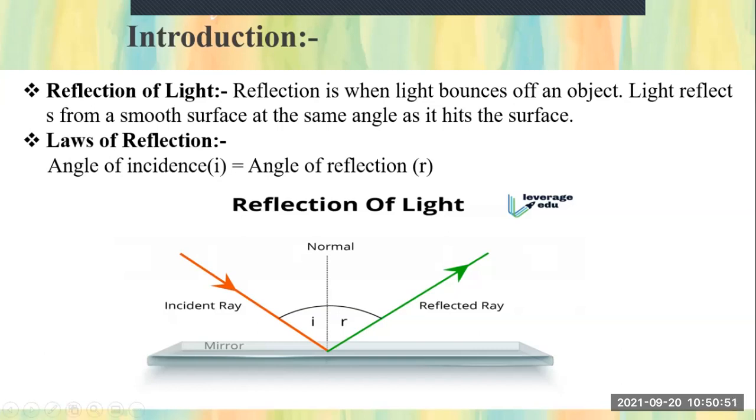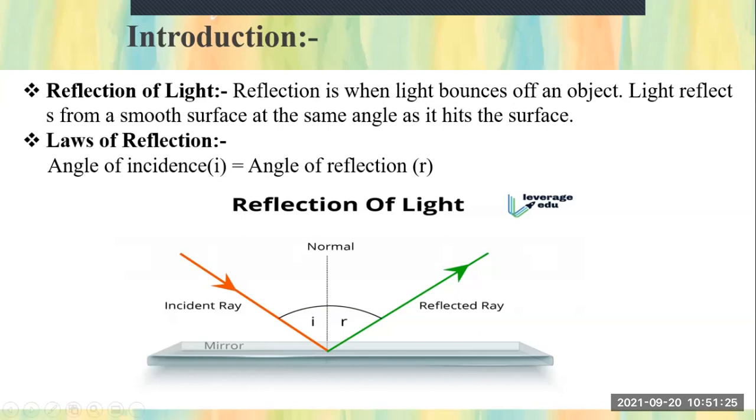Okay, now see, students, in this reflection of light, angle of incidence, that is i, is equal to angle of reflection, that is small r. And this is also known as the laws of reflection. Laws of reflection is nothing but angle of incidence is equal to angle of reflection.